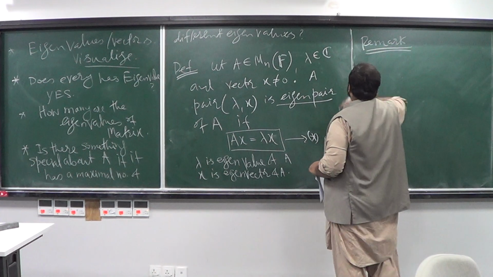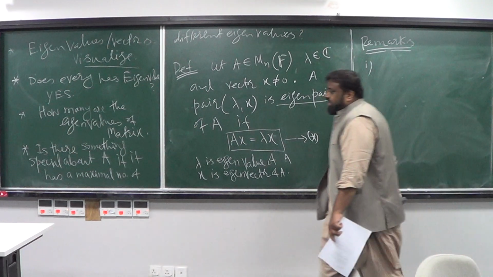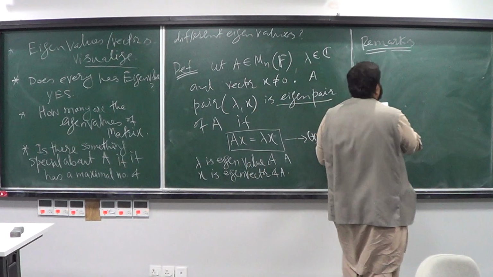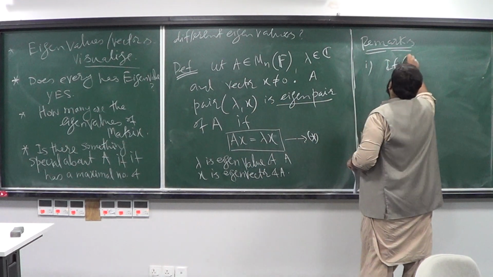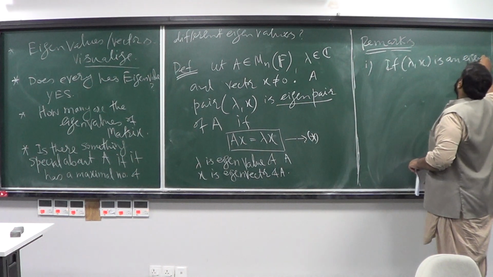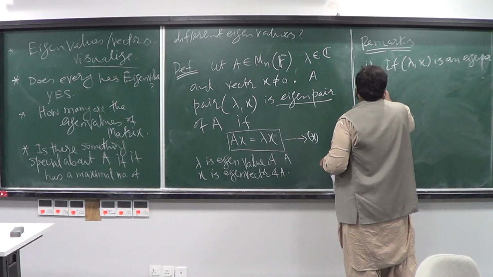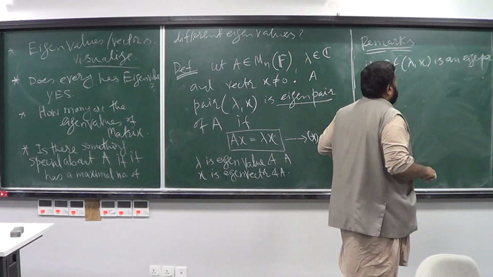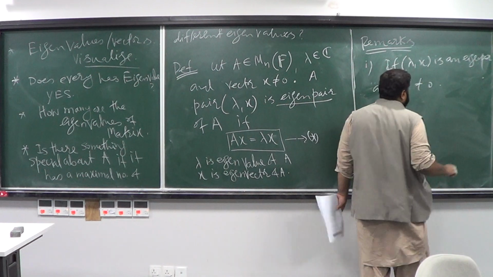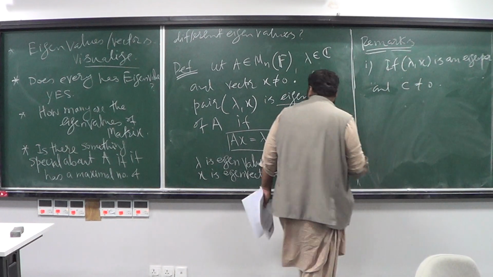Here is the first remark: if lambda x is an eigenpair, and you take a number c not equal to 0, then since lambda x is an eigenpair, it satisfies this equation.